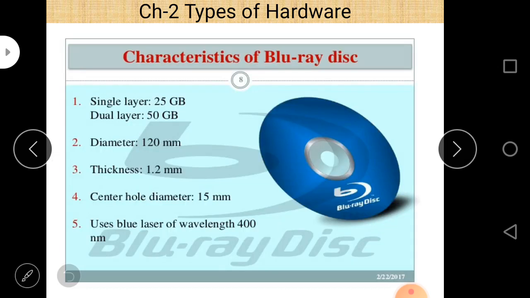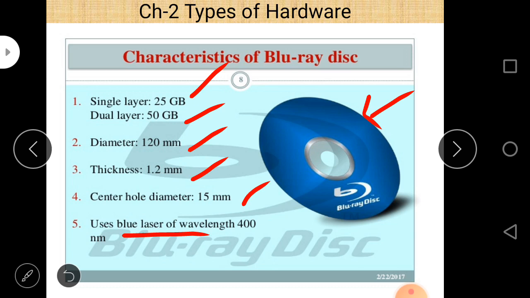Characteristics of Blu-ray disc: single layer 25 GB, dual layer 50 GB, diameter is 120 millimeter, thickness 1.2 millimeter.